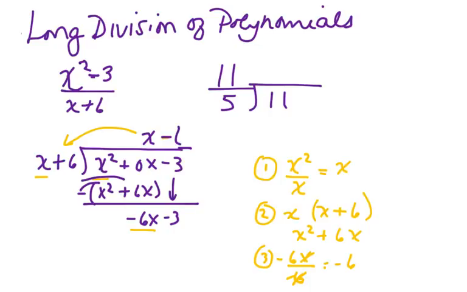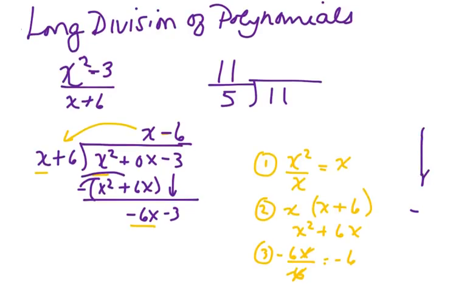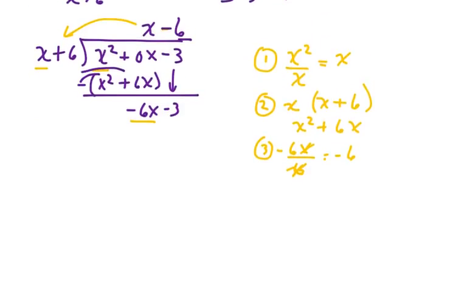So negative 6, and then multiply. So you're going to multiply negative 6 times x plus 6, and you're left with negative 6x minus 36.